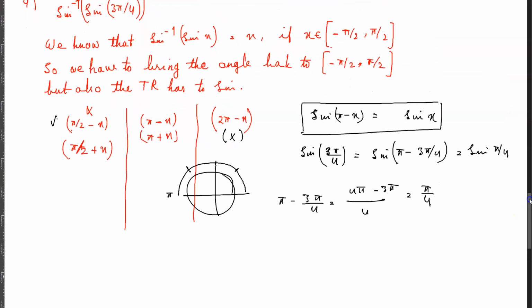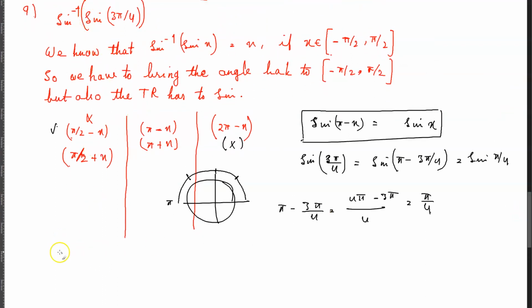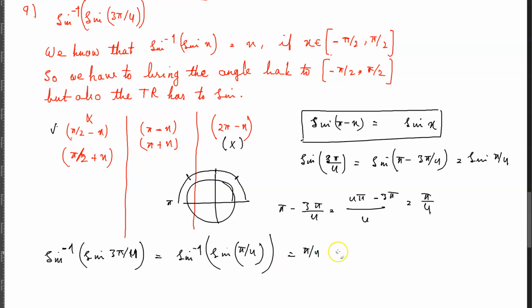And now the question that we wanted to answer was the sine inverse of sine of 3 pi by 4, and that is equal to the sine inverse of sine of pi by 4, and that is actually equal to pi by 4, because pi by 4 belongs to this interval here, which is negative pi by 2 comma pi by 2, right? So that is the first question.